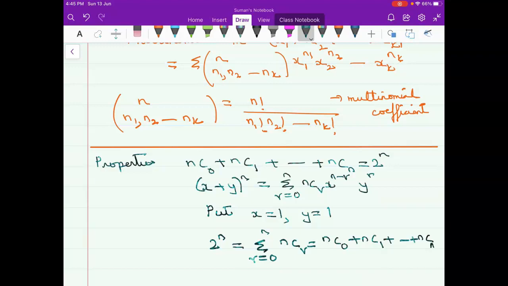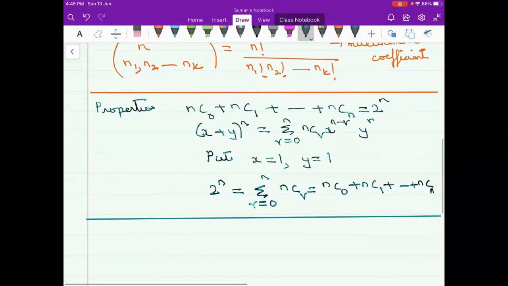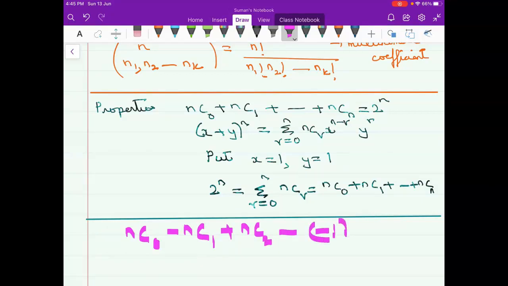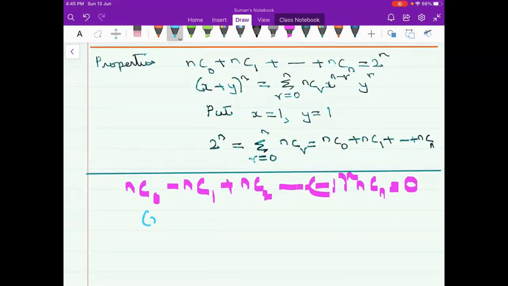So this is the first property. Now coming to the next property. The next property is you have to prove that NC0 minus NC1 plus NC2 up to minus 1 raised to n NCn equal to 0. So how would you prove this? In this expansion we have x plus y whole raised to n is summation r taking value 0 to n NCr x raised to n minus r y raised to r.